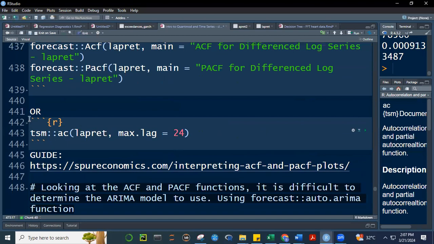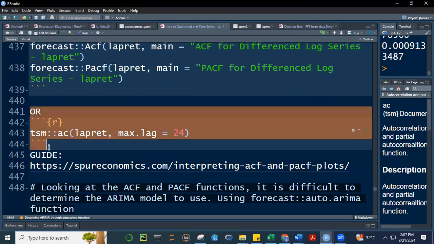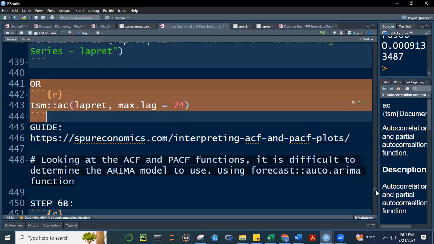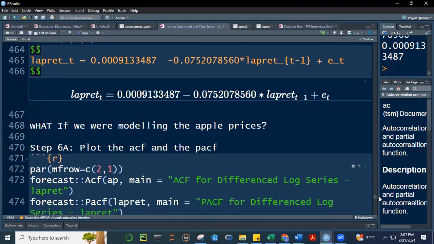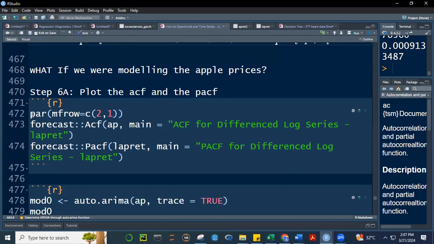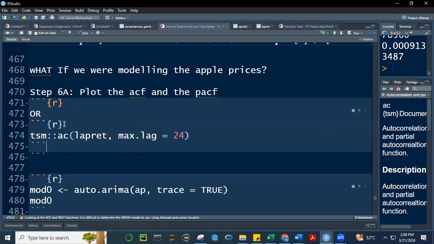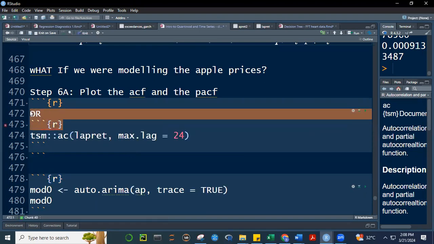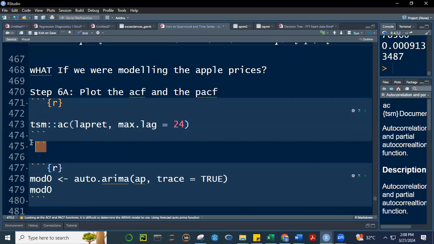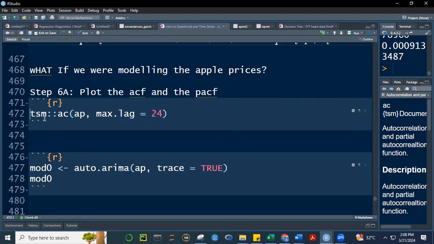Itong TSM na lang, Control C. Mas convenient kasi yung TSM na ACF. Alright. Okay, this one. So let's plot here the autocorrelation and partial autocorrelation function of AP.